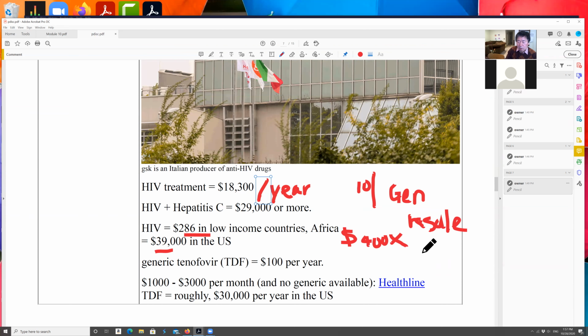So what can the poor people do in Africa and India? Well, they complain to the WTO, World Trade Organization. What about us poor consumers? We ain't got this much money, $39,000. We cannot afford it.